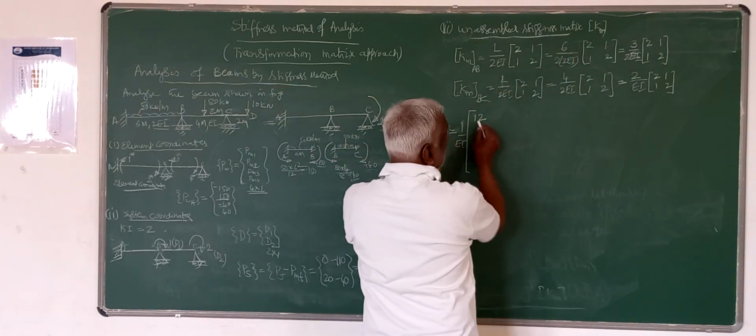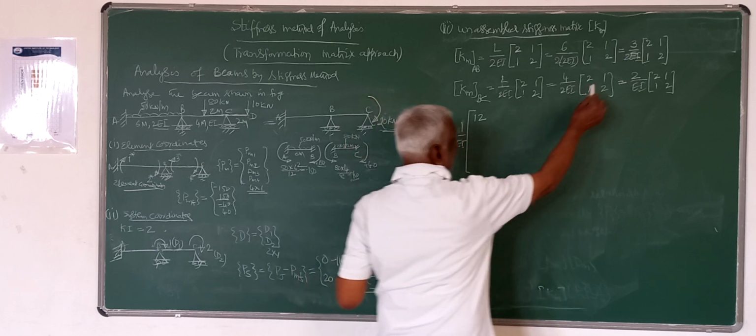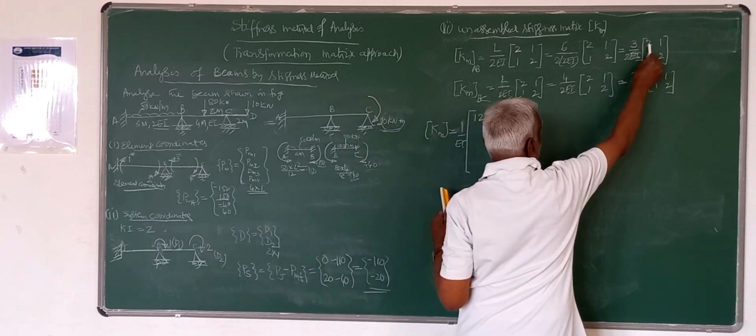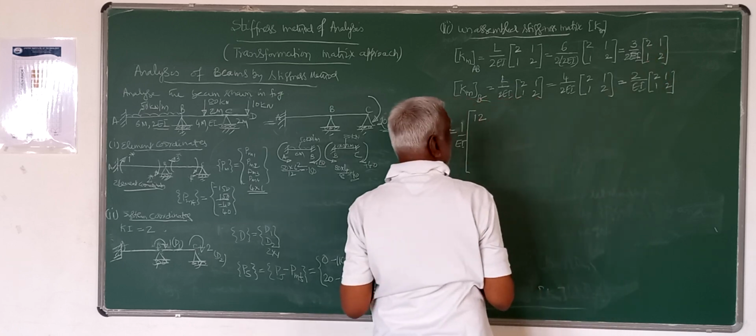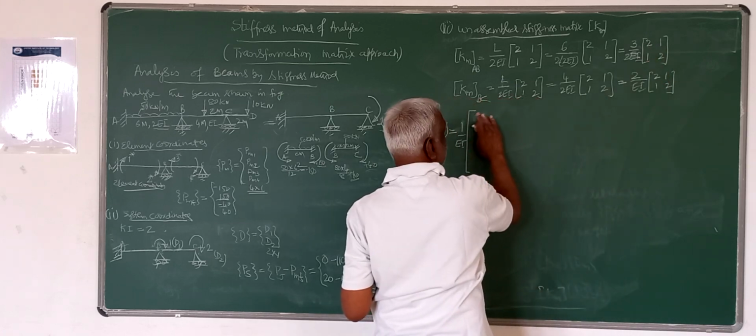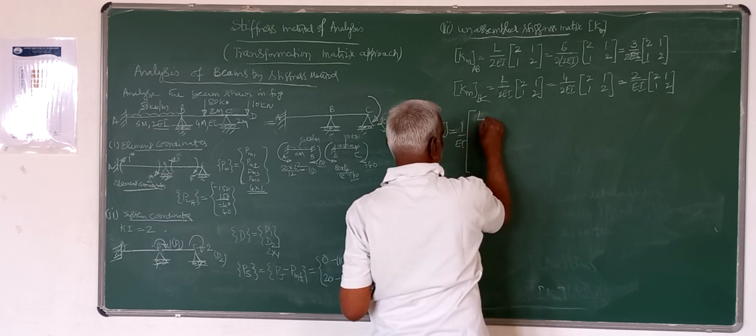So here it is 12 because I have taken 1 over EI outside. So this I have to multiply by 2 by 3. So that is 2 by 3 into 6, which is 4.